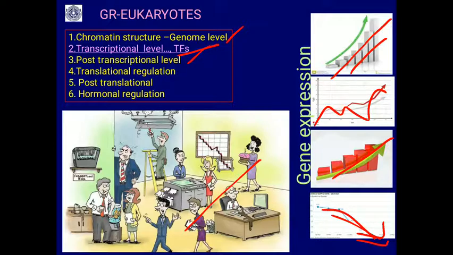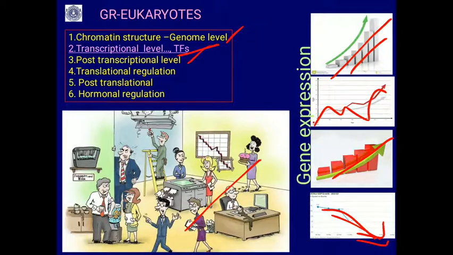For example, each cell has the same composition of genetic material, but the gene expression varies because of these factors. For example, the skin cells are producing keratin, but the intestine cells are not.